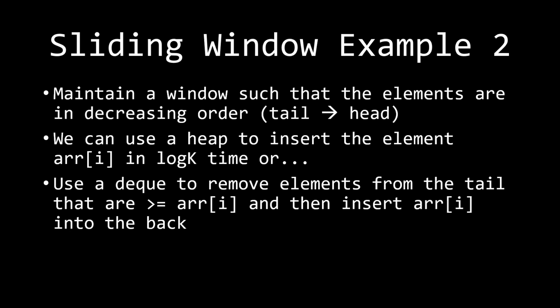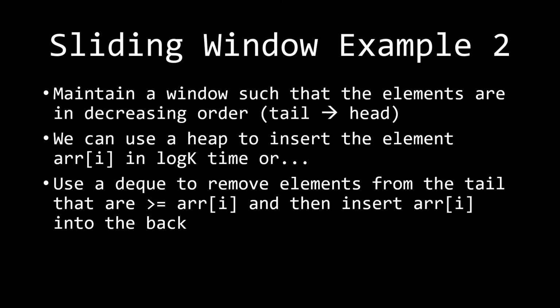So if array I is less than the values at the back of our array, then we know that those values are never going to be the minimum again, right? Because when we slide that window to the right and continue sliding it, those values are never going to be the minimum. The answer will be at least array I in this case.